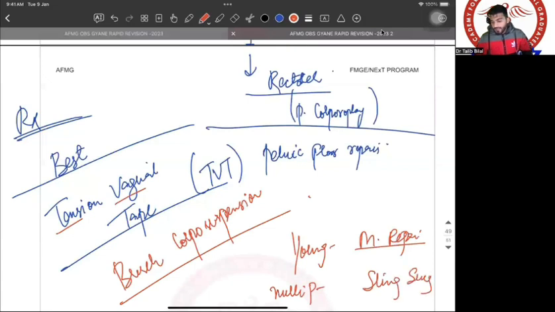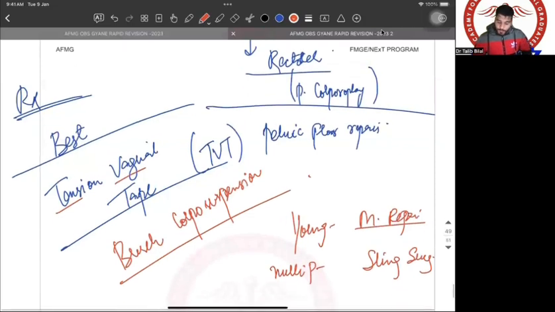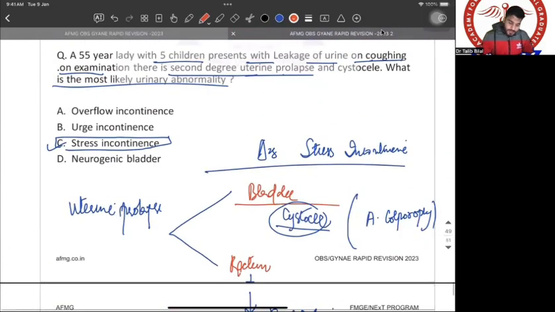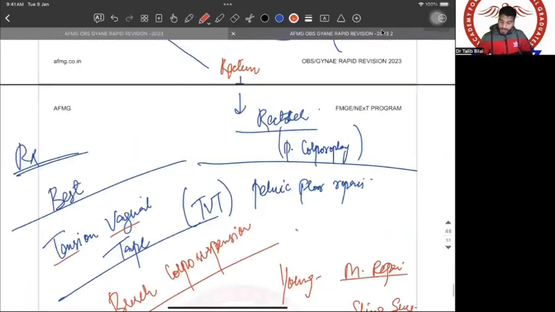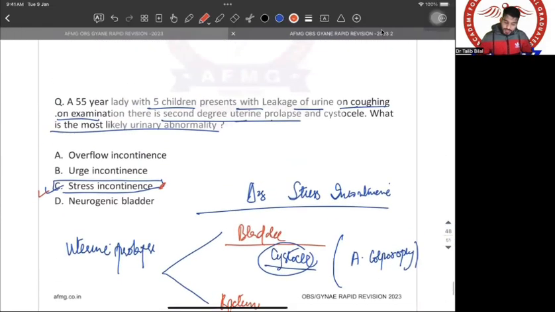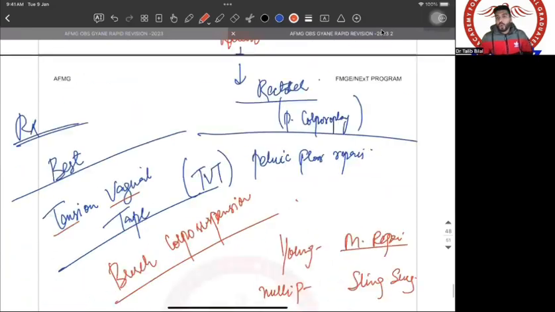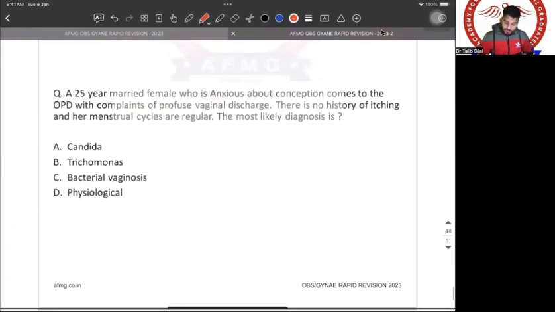Shirodkar's, Khanna's, and all. Is that clear? So, guys, the answer here is stress incontinence. And about the stress incontinence, the patient is fully aware. And what is stress incontinence, my dear students? It's a leakage of urine which coincides with the stress.